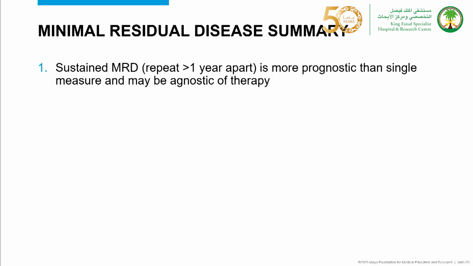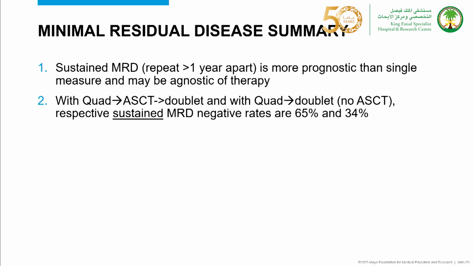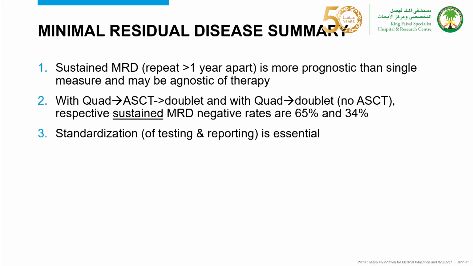So, in summary, sustained MRD is more prognostic than a single measure and may be agnostic of therapy. With a quad followed by stem cell transplant and double maintenance, or a quad and a doublet, respective sustained MRD negative rates are 65% and 34%.